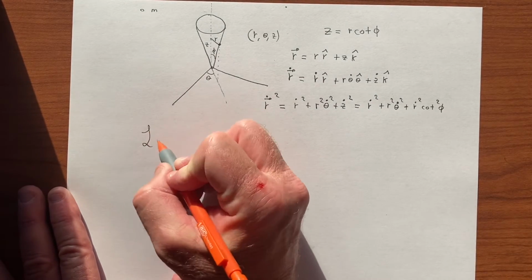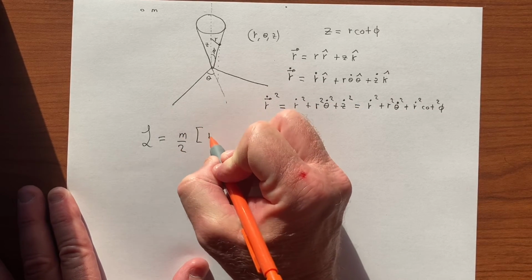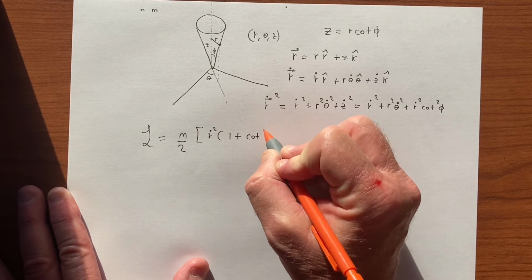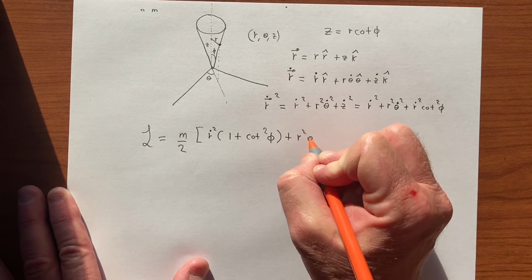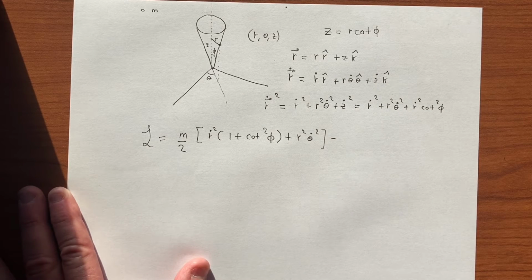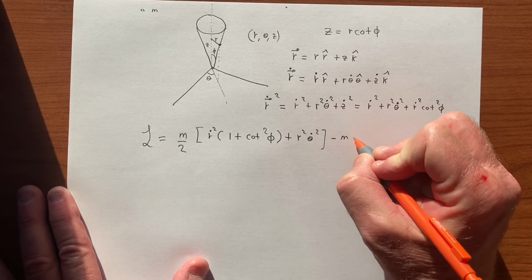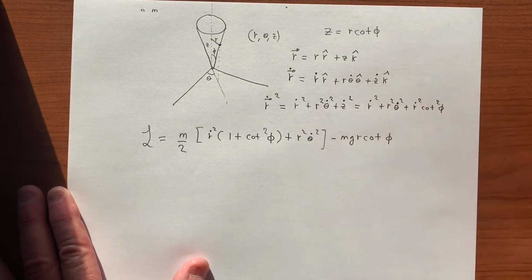And so our Lagrangian can be written as m over 2 times r dot squared times 1 plus cotangent squared of phi, plus r squared theta dot squared, minus, the height is r cotangent phi. So we have minus U, so we have minus m g r cotangent of phi.